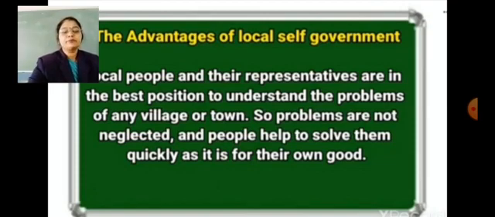That is why they do not ignore or neglect problems. That is why they find solutions quickly. Local people and their representatives are in the best position to understand the problems of any village or town. So problems are not neglected and people solve them quickly as it is for their own good.